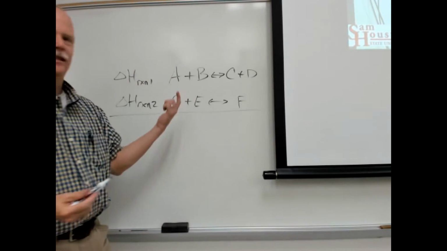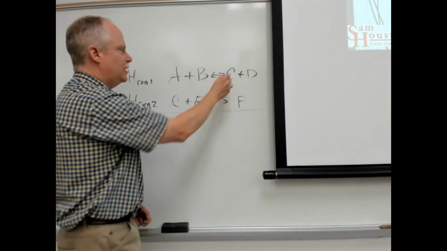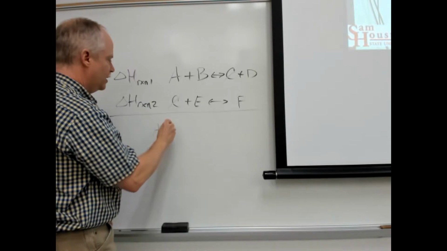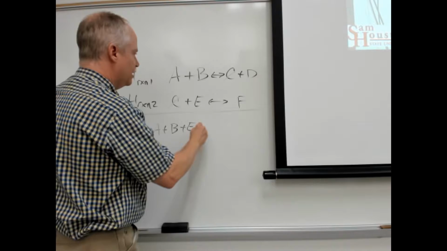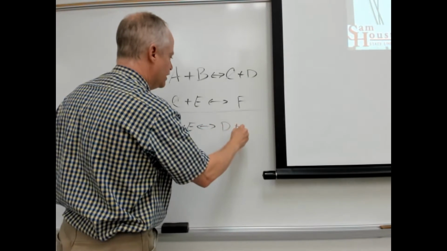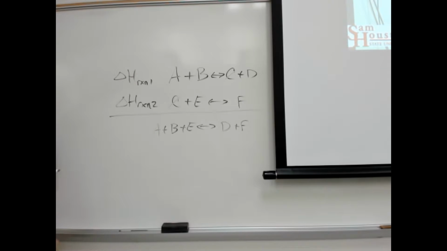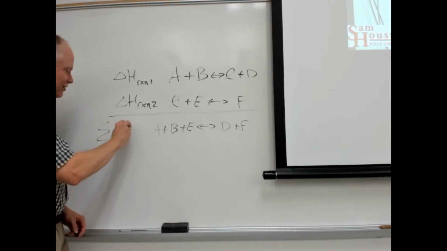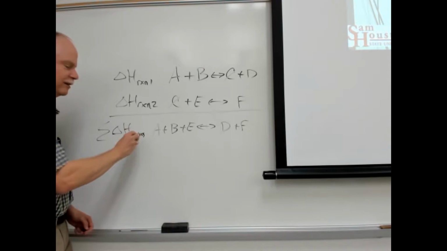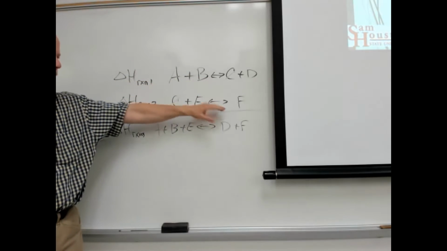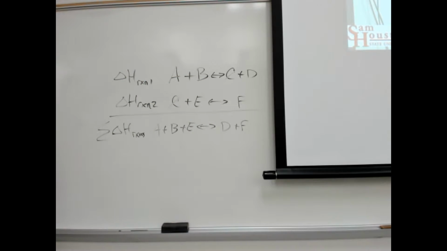But you can add these together and cancel like species. So C can go away, and then we have A plus B plus E gives D plus F. You don't even see C in the intermediate reaction. And then this is the sum of all of those delta H of reactions. Okay, so that's Hess's law. Essentially, you can add the reactions, and you can add the enthalpies.